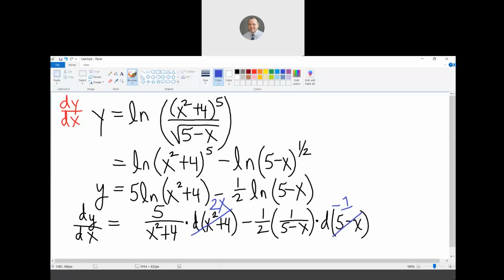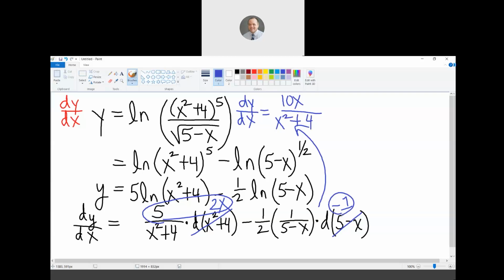So let's put everything together up here and get our final first derivative. So dy over dx equals, multiply the 5 and the 2x together to give you 10x, all over x squared plus 4.